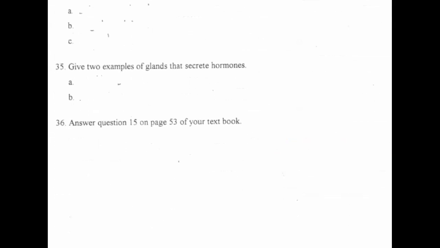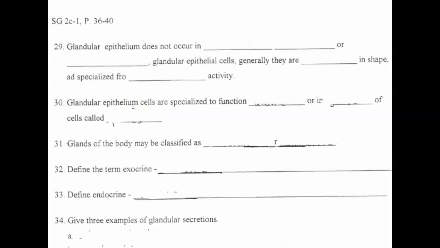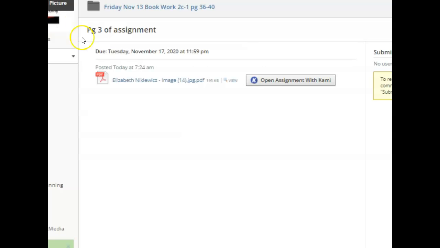This is pretty much the end of that one. If you do not have your book, you do not have to answer this one because I didn't load page 53. But if you do, you can add that in and I can give you some credit for it. So with that in mind, does anybody have questions?